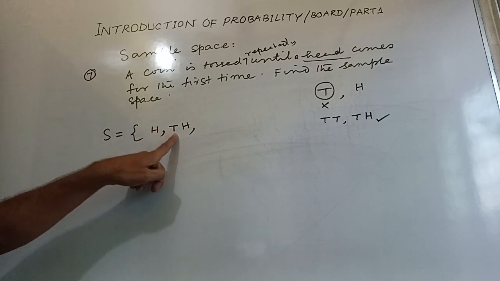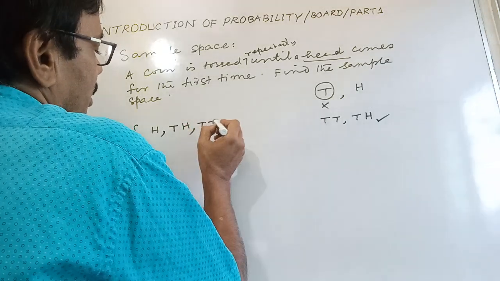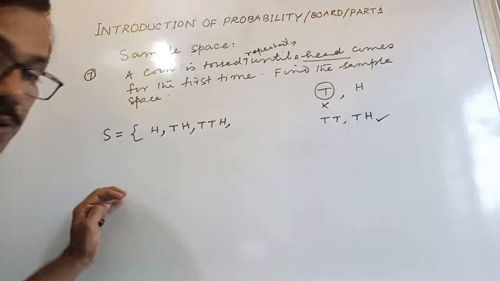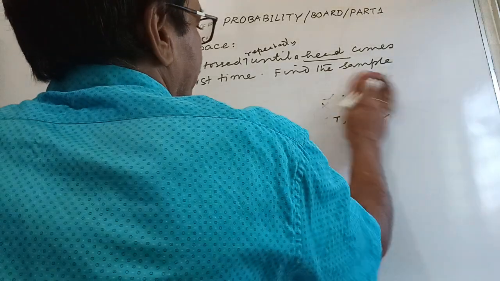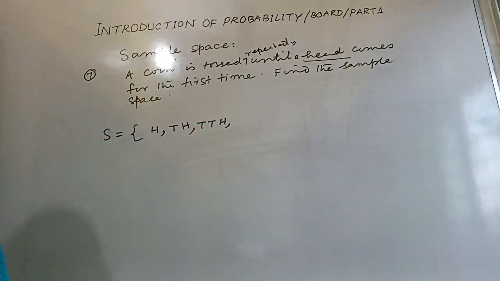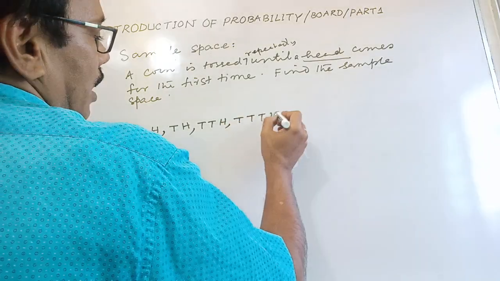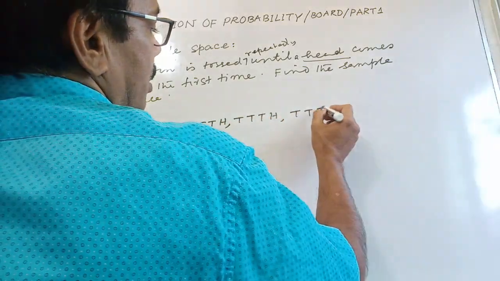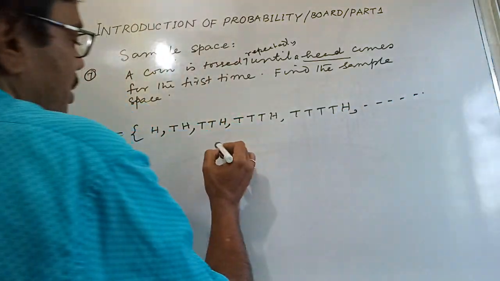First tail, then head, TH. Then TTH. If you get head, then it stops, because your main aim is to get head. Then TTTH, and it will continue.